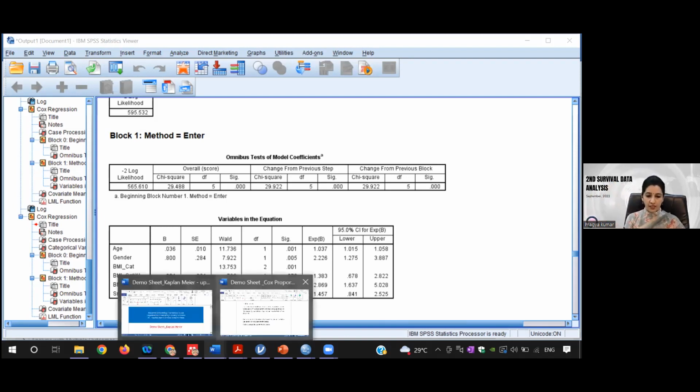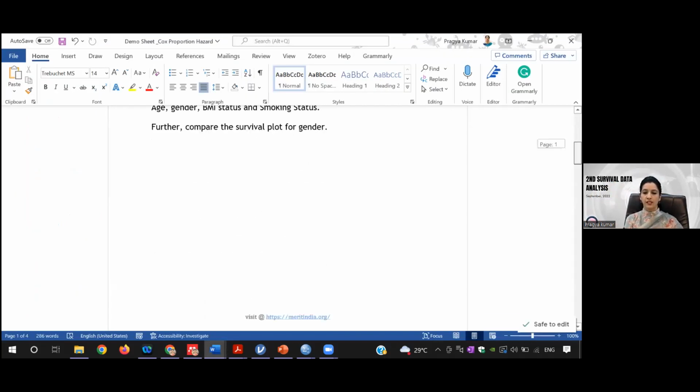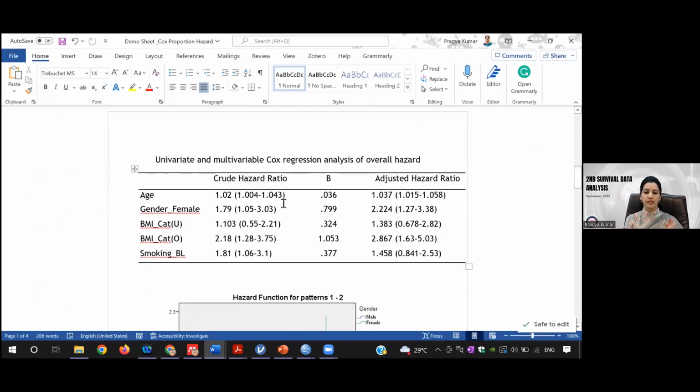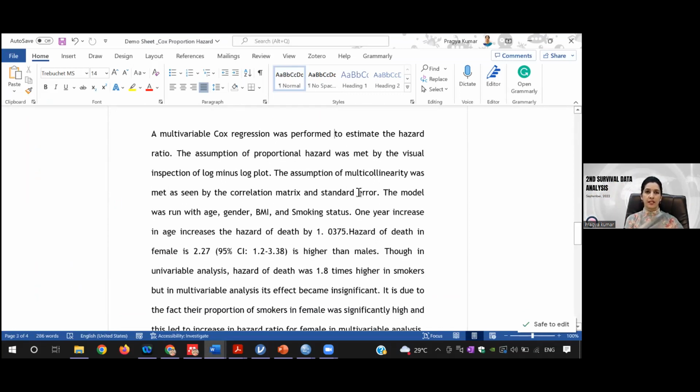Before that, I just want to show you, because I think we missed, how we write it. Here you can see the crude and adjusted hazard ratio. If you go down, this is the write-up: a multivariable Cox regression was performed to estimate the hazard ratio. The assumption of proportional hazard was met by visual inspection of the log minus log plot. For multicollinearity, I have written the correlation matrix, but you can write the standard error. The model was run with age, gender, BMI, and smoking.